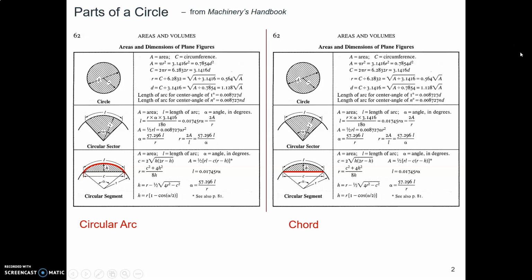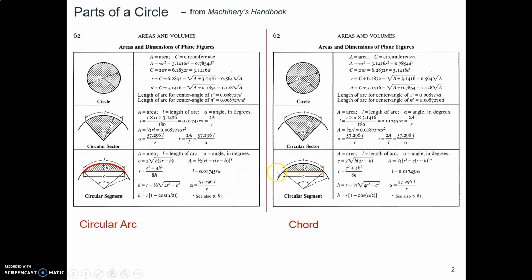So let's go look at the idea about circular and chordal by looking at this page out of the beginning of Machinery's Handbook, where they're giving us words and formulas for geometry stuff. In this page, they're looking at parts of a circle. So a part of the outside of a circle is a circular arc.